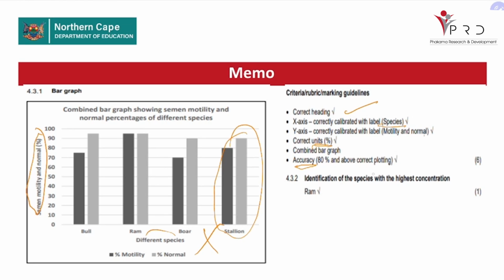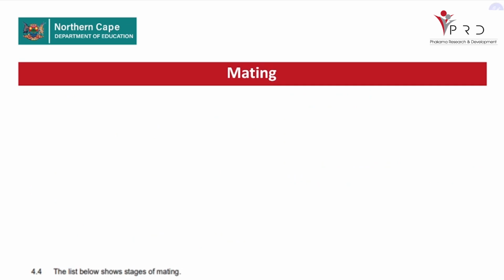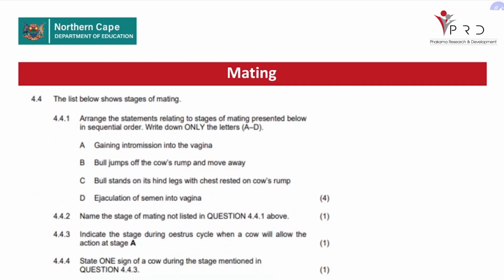The species that shows the highest concentration is the ram, as you can even see on this one. The next question is about mating. You are given the stages of mating.